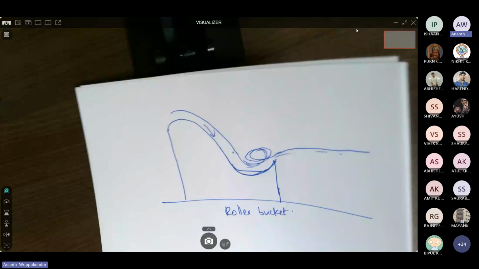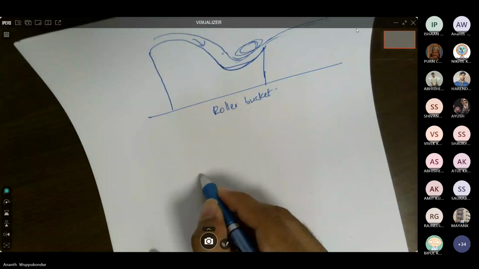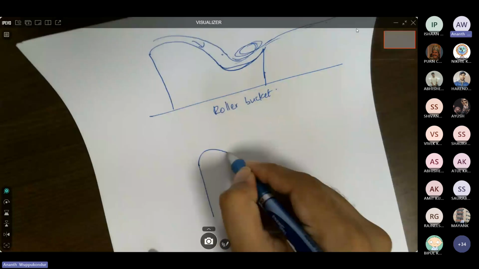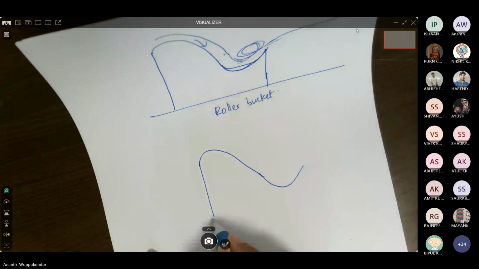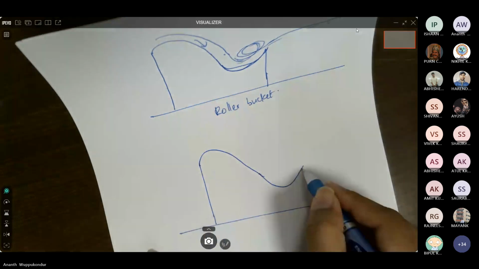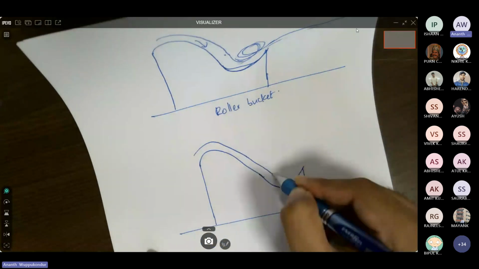And the last dissipation mechanism on the spillway is similar to a roller bucket, but whatever the flow that is coming in as supercritical, it would shoot off the bucket.